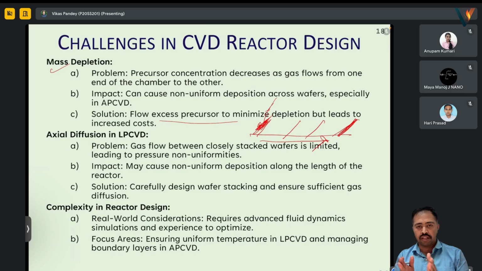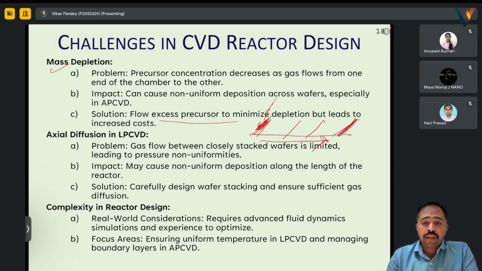If you are not keeping adequate space between the wafers, the gas flow from one wafer to another will be limited, leading to different pressure being available. On the first wafer, the pressure will be different. On the second wafer, the pressure will be different. On the third, the pressure will be different.